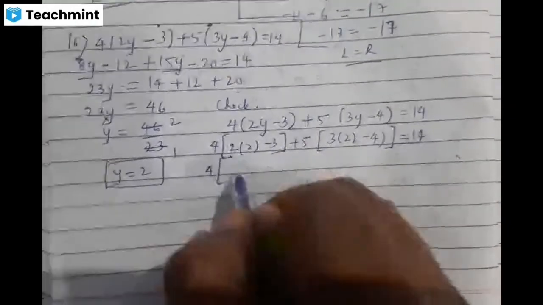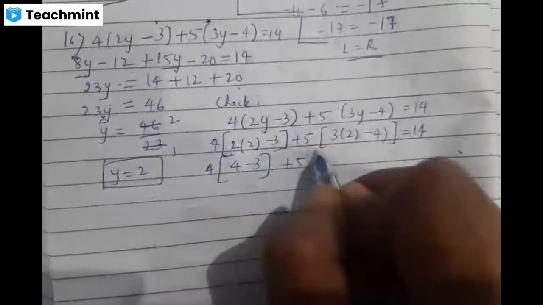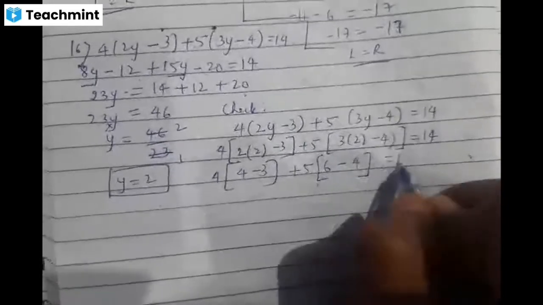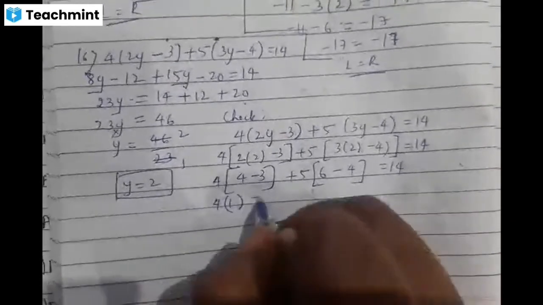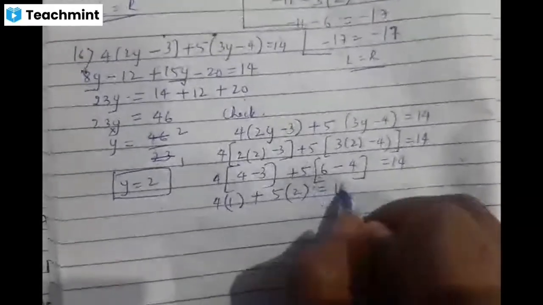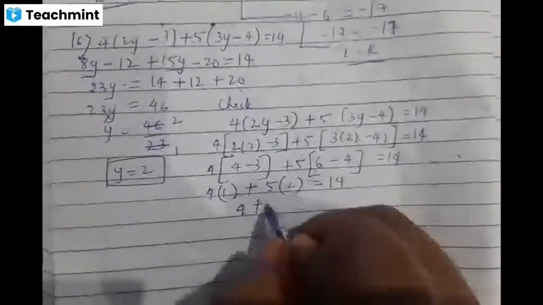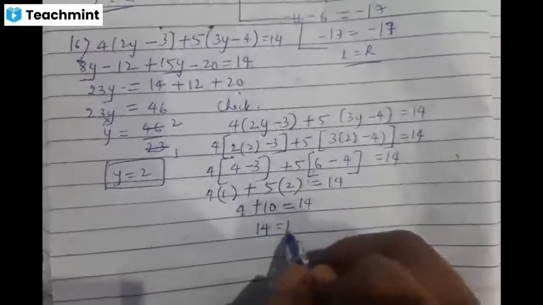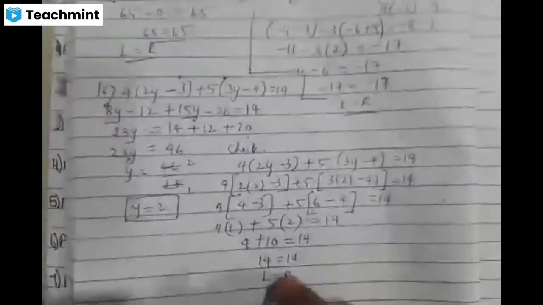Remove the brackets. 2 2s are 4 minus 3, plus 5 into 3 2s are 6 minus 4 is equal to 14. 4 into 4 minus 3 is 1, plus 5 into 6 minus 4 is 2, which is 14 again. 4 ones are 4 plus 5 twos are 10 is equal to 14. 10 plus 4 is 14 is equal to 14. Therefore, LHS is equal to RHS.